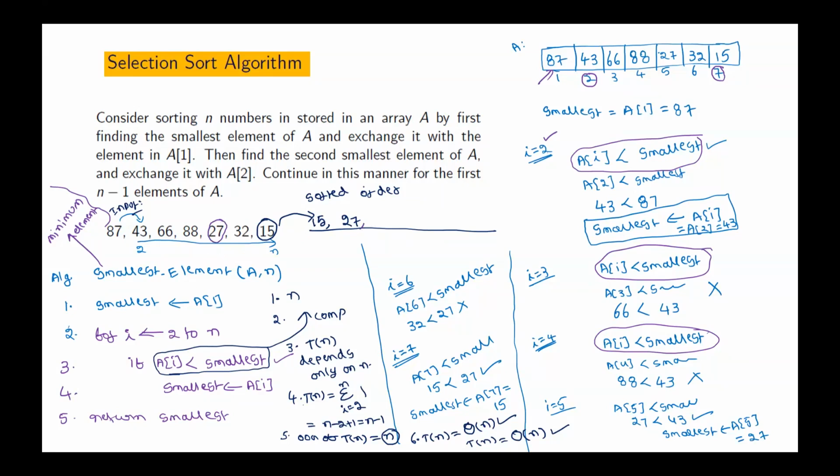Now in the sorted order, what is the next element? 32. What is this 32? In the remaining elements, is it the smallest element or not? Yes, sir. So in the remaining elements, again you find the smallest and move it to the third position. Again, what is the next element? 43.